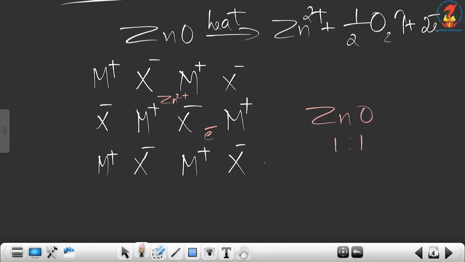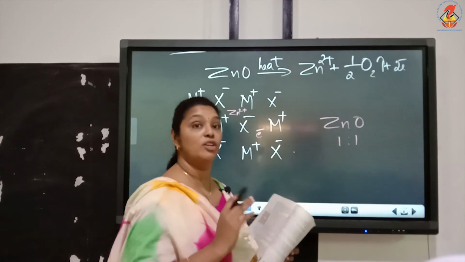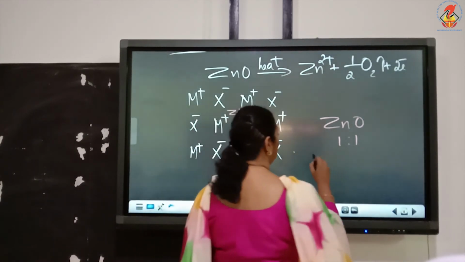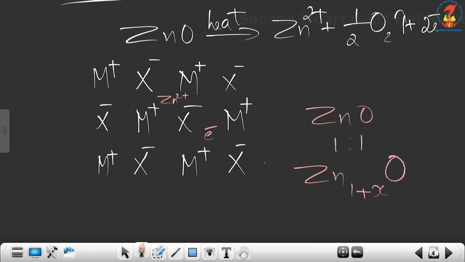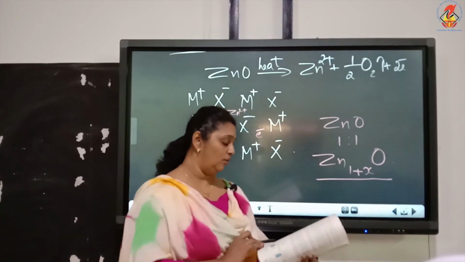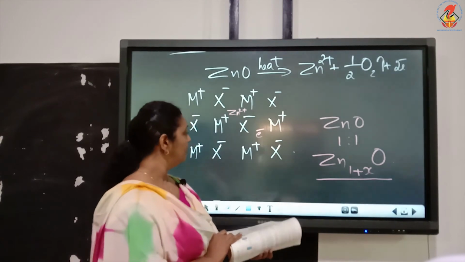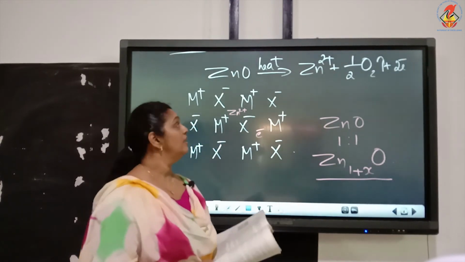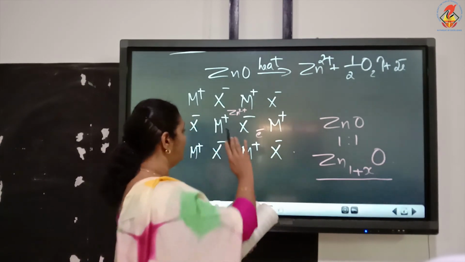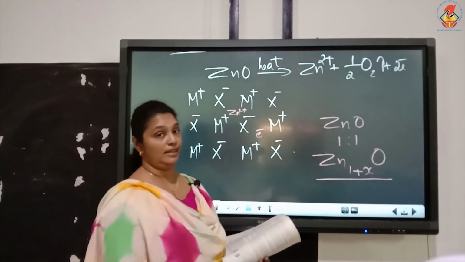Now, you can say that the ratio will not be 1:1 because there is excess of metal ion, zinc ion. So, what will be the ratio? It will be Zn(1+x)O. So, you can say that this is a non-stoichiometric compound, because there is excess of metal ion in this. So, this is metal excess defect due to the presence of extra cation at the interstitial site.